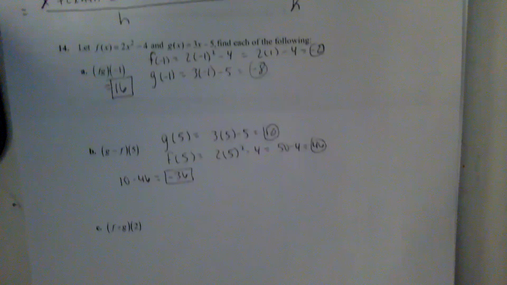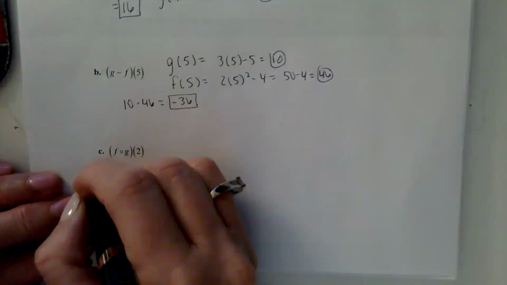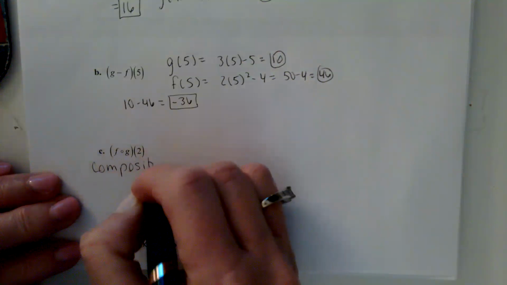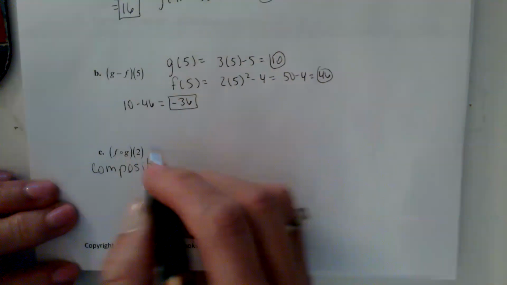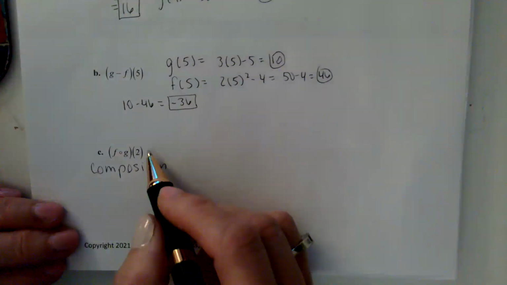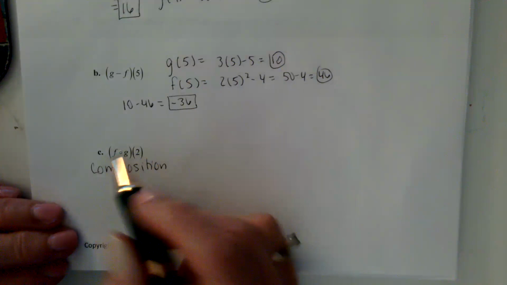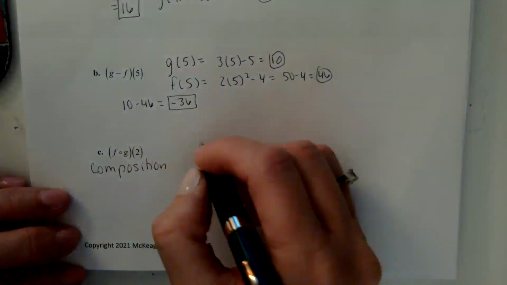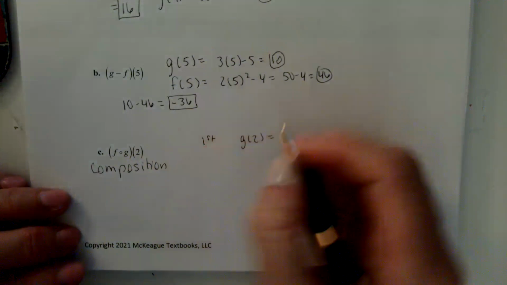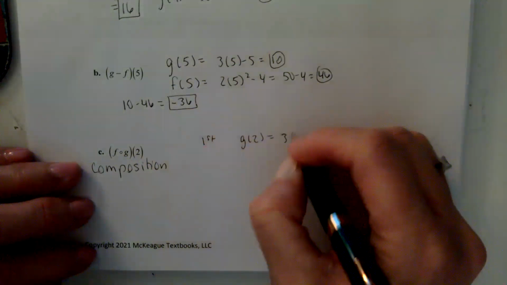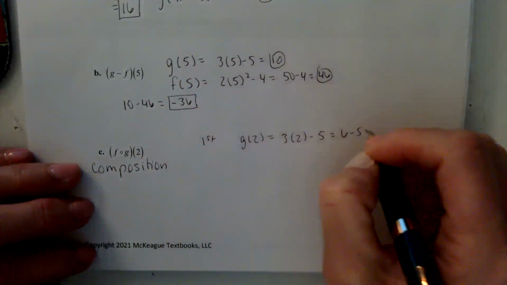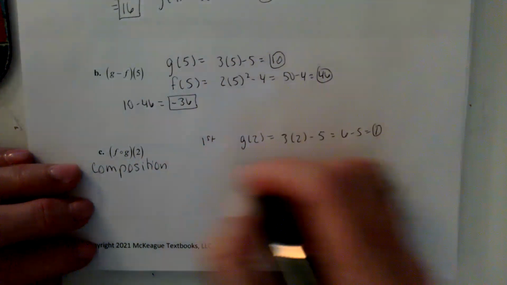And then the last one is a composition. Let's write it out in words so that you get practice saying it. It's a composition. Not like a musical composition, but we are composing something. We're composing 2 into g into f. So first, we're going to do g of 2, which is 3 times 2 minus 5, which is 6 minus 5 equals 1.